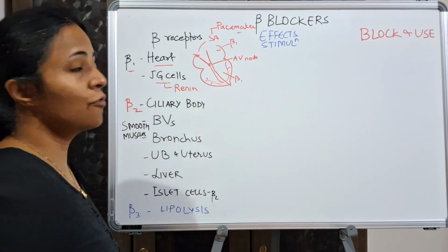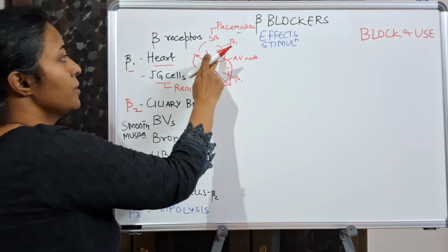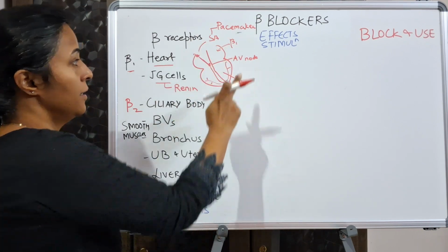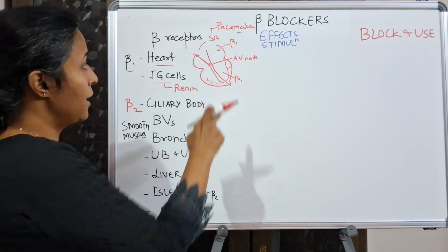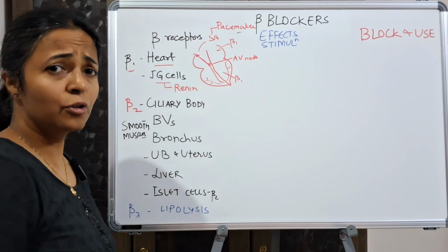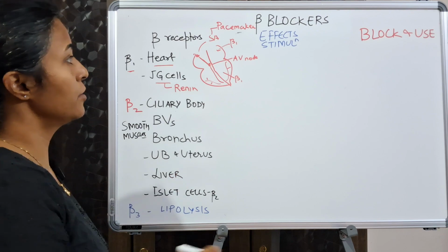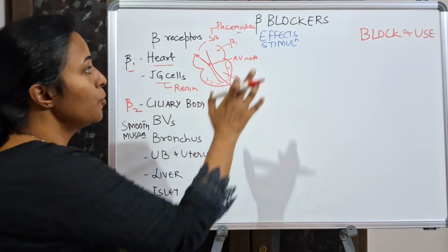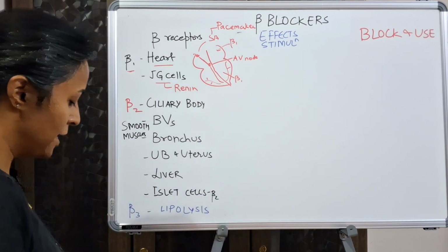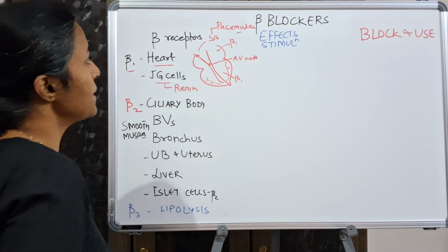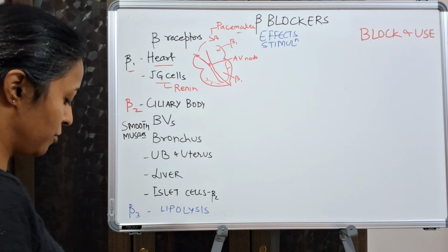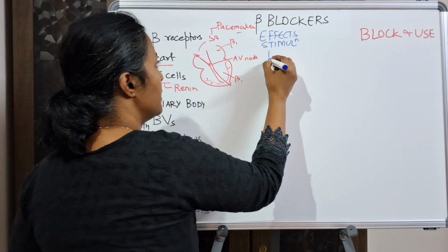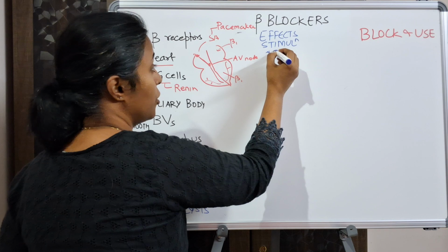So stimulation of beta 1 receptors is responsible for pacemaker activity, conduction at the AV node, and the contractile activity of the atria and ventricles. If these beta 1 receptors and JG cells are stimulated, what will be the effects? There will be an increase in pacemaker activity, so the heart rate increases. Stimulation, I am talking, not blocking.